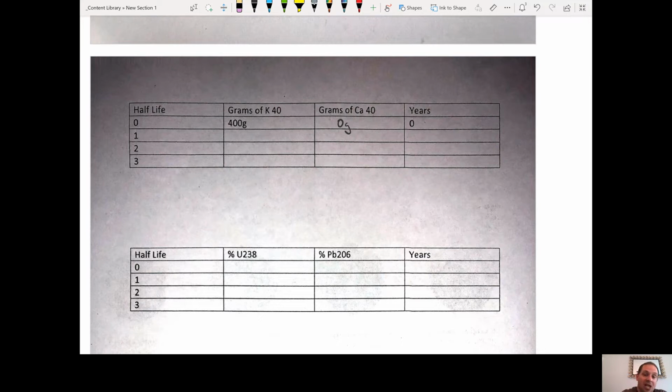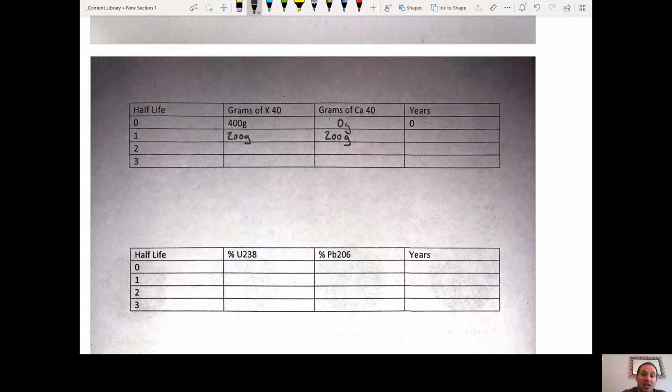But at the first half-life, we would have 200 grams of the potassium-40. I have to put that there. And we would have 200 grams of the calcium-40. So we would have a 50-50 ratio.